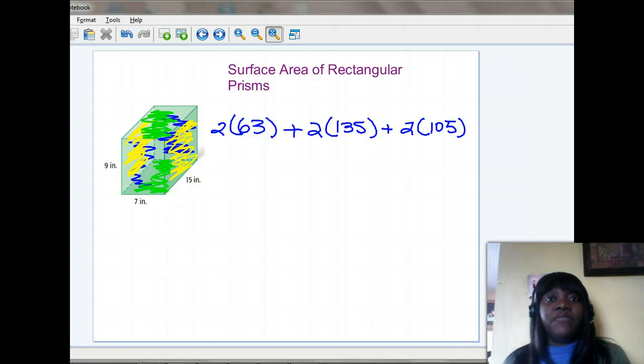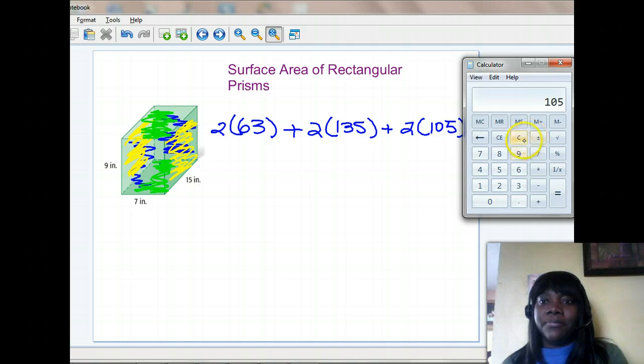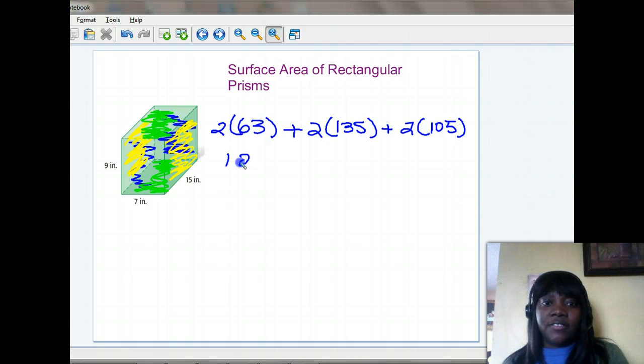Alright, so now all we have left to do is to go ahead and add them all up. Remember order of operations: yes, we have to multiply first. So let's do this very quickly. Here we have 2 times 63, we get 126.